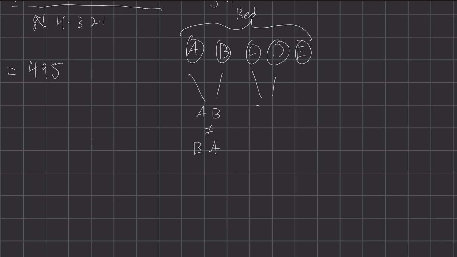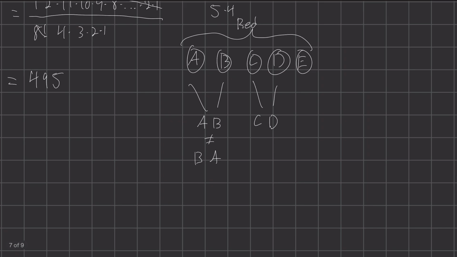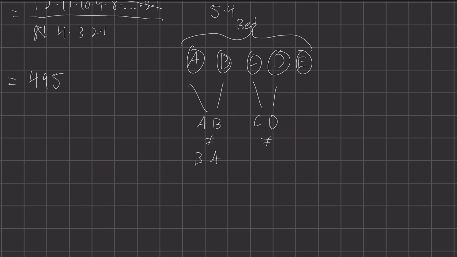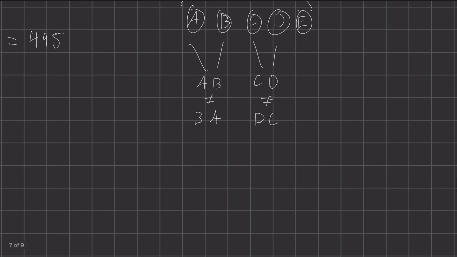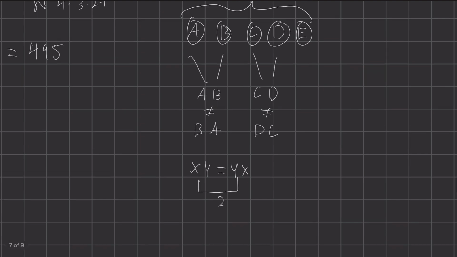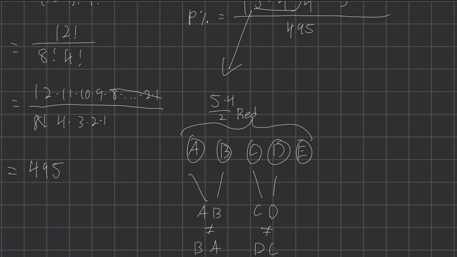Similarly, if we chose C and D, our 5 times 4 is counting that as not the same thing as D and C. For every arrangement, let's call it X and Y, there is a duplicate Y and X. So for each arrangement, there is a duplicate. So there's 2. Therefore, we just divide this number by 2.